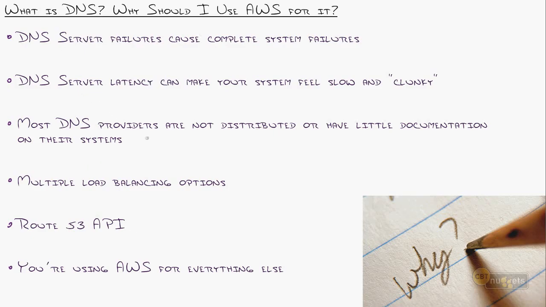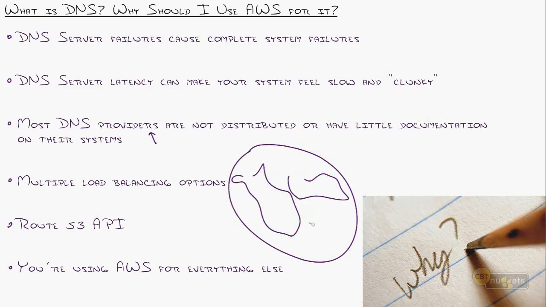Now, most DNS service providers are not distributed and have little documentation on their system. We live in the world. Over here in South America are users that have to go to their ISP to access their different websites.